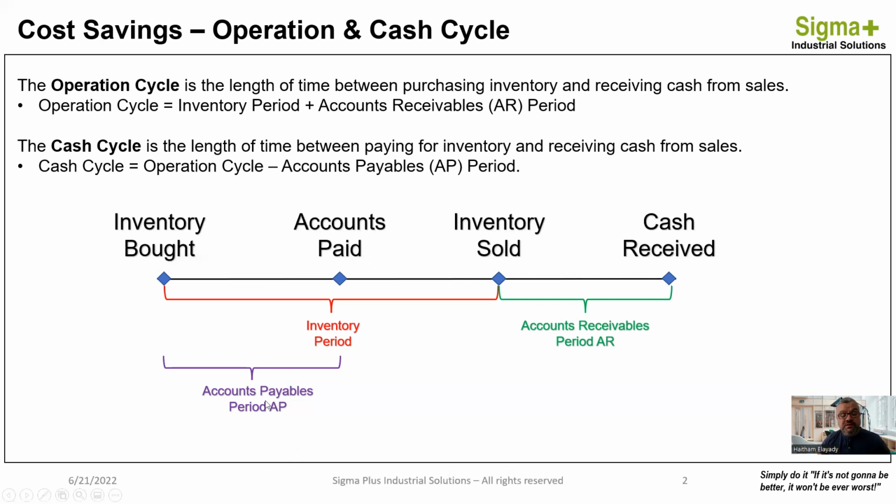In fact, this period is considered to be a critical one. Why? Because it affects the cash cycle. As a benefit to the company, it's important for me to manage that time to make it as large as possible.